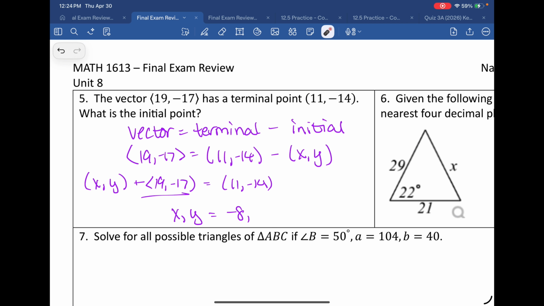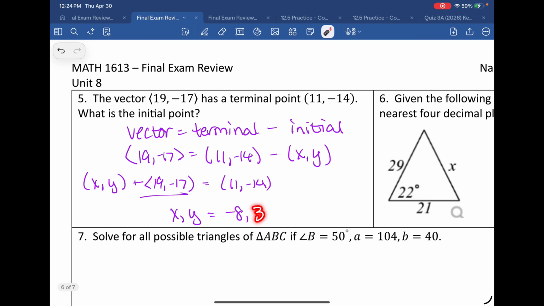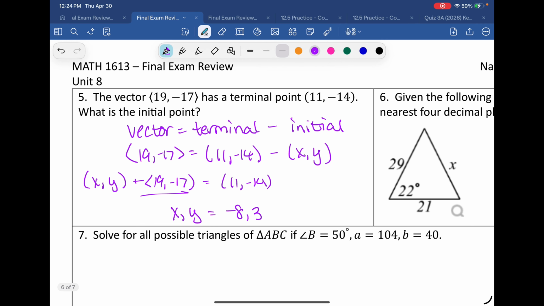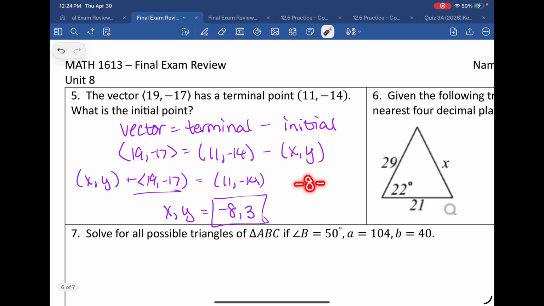What a lie. No, it would just be 3. What am I thinking? And then we can always check terminal minus initial. That's negative 19. Terminal minus initial. That's your negative 17.